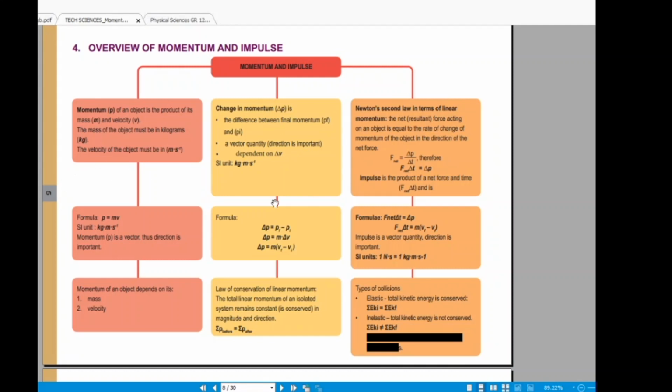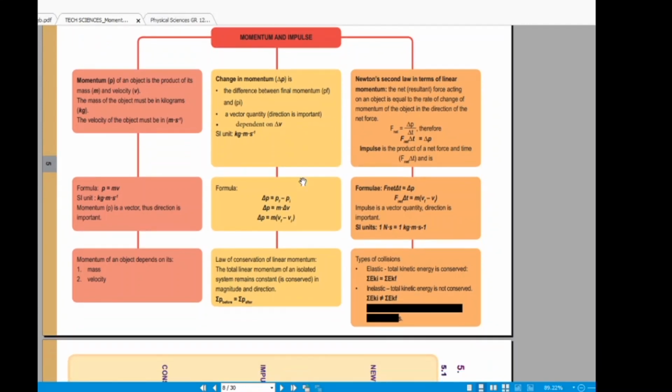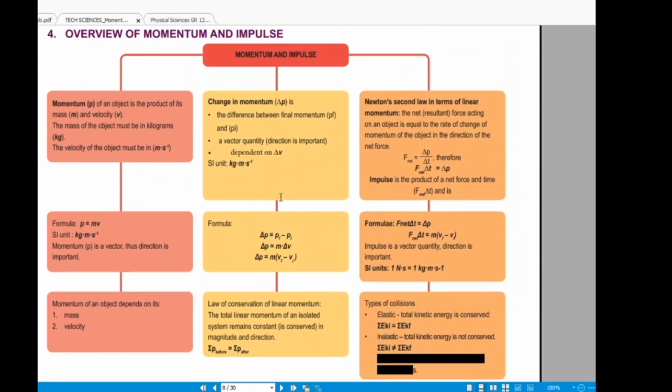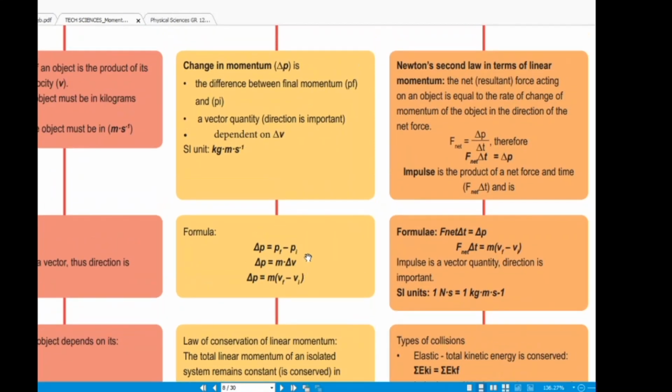So delta p is equal to the final momentum minus the initial momentum, and the change in velocity is the final velocity minus the initial velocity.